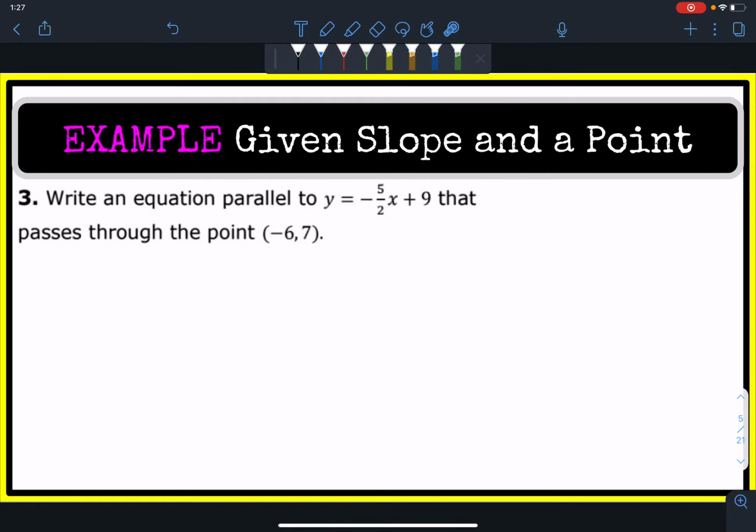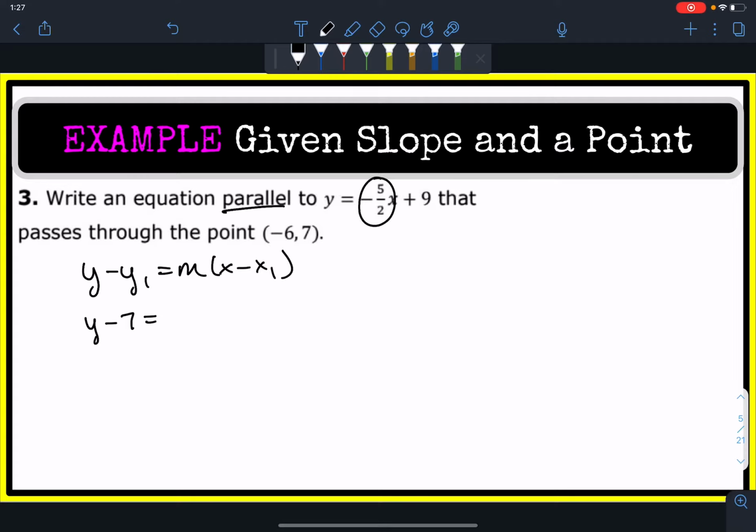So in our next example, again, y minus y1 is equal to m times x minus x1. We're going to do a little bit more of the same stuff, so I'm going to do this a little bit quicker. We're going to plug in 7 for the y. For m, we're going to use the same number since we wanted to be parallel. So -5/2 and x minus -6.